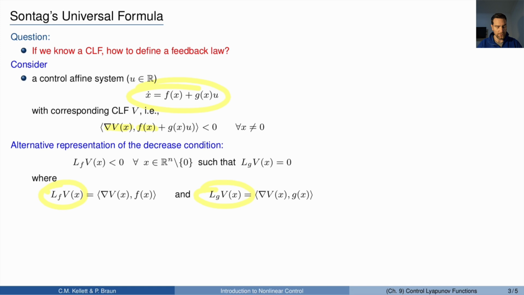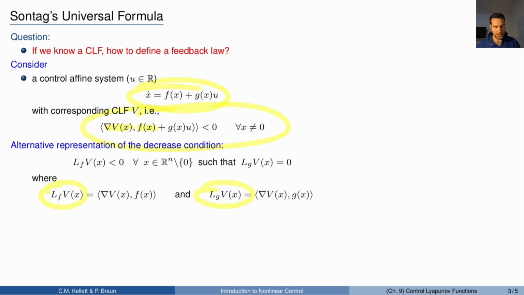So that's why we've assumed that here. And then this decrease condition here can be characterized in an equivalent form, also often found in the literature. There is no need to rewrite it, but just so that you also see an alternative formulation, depending on the book or the paper you look at.